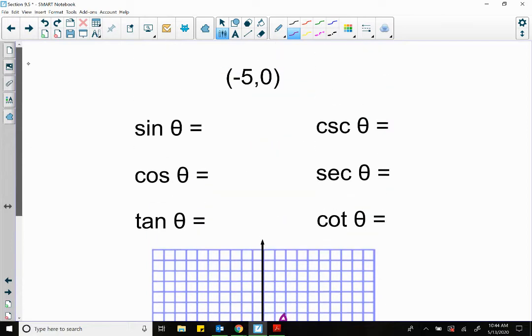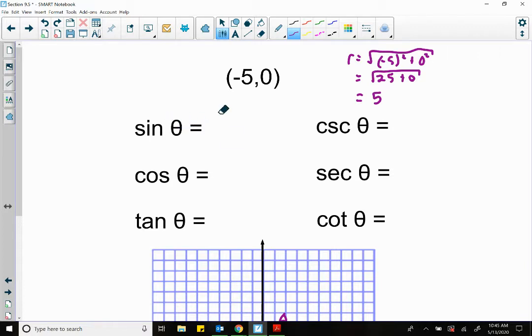Hopefully you found the R value pretty easy, because you got R equal to the square root of -5 squared plus 0 squared, which is equal to 25 plus 0, which is basically in the end equal to 5, because 25 plus 0 is 25, square root of 25 is 5.